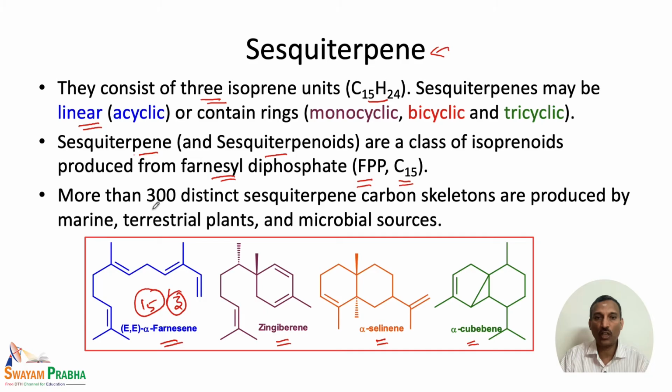In fact, more than 300 different types of sesquiterpene carbon skeletons are produced by marine and terrestrial plants and microbial sources. That means both plants and animals produce various types of sesquiterpene carbon skeletons. So, we can say the sesquiterpenes are the most diverse carbon skeletons present in terpene chemistry.